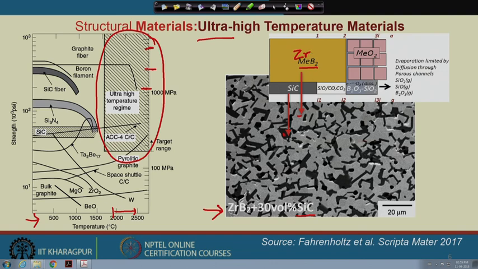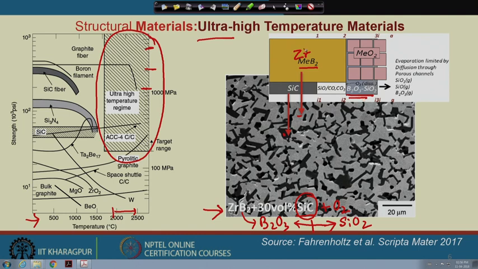This is a recent development to develop such kind of ultra high temperature ceramic, where we design purposely and we choose silicon carbide purposely, so that it will react with oxygen and form silicon dioxide. So, silicon dioxide at such a higher temperature level along with boron oxide, B2O3, forms borosilicate glass, and simply reduces the oxygen diffusivity.